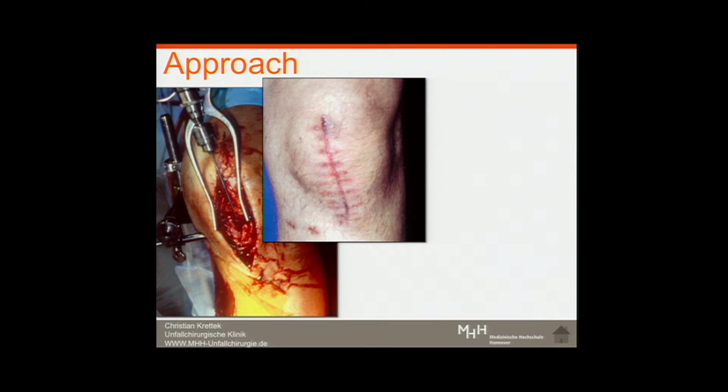The approach is crucial, and I have never understood why for an implant of, let's say, 8 or 9 millimeter diameter, we need an 8 or 9 centimeter approach.